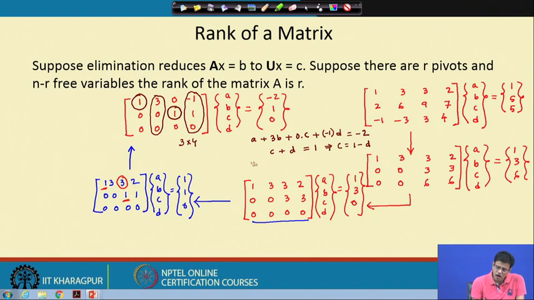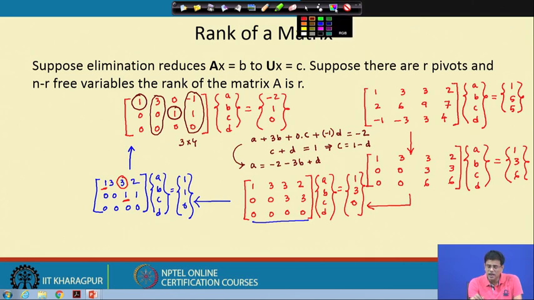Now from here I can write A equals to minus 2 minus 3B plus D. You see, if I assume D, then I can find out C.